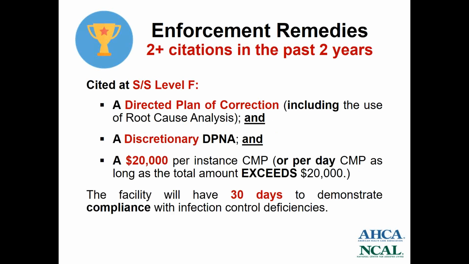Now here's a little bit of a difference. Just like with your D and E level, you're going to have 30 days to demonstrate compliance. So when you have 2 or more citations in the past 2 years, your civil money penalties increase, and you only have 30 days to demonstrate compliance versus 45 days if you don't have a history or if you only have 1 citation.